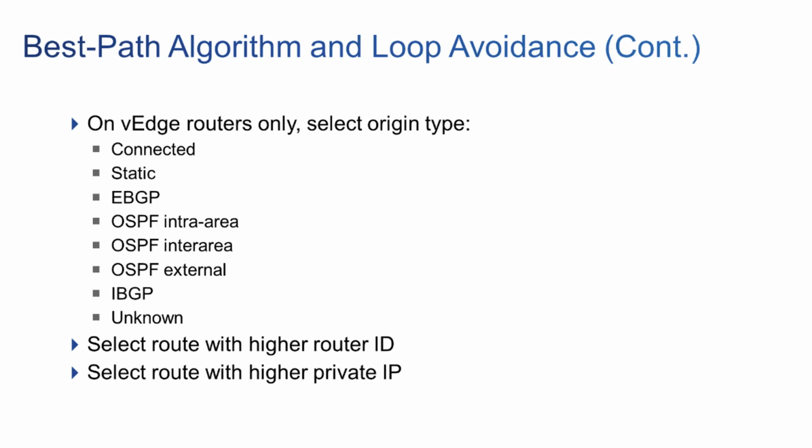So the vSmart controller runs this best path algorithm on all of the paths that it receives, and it stores those best paths in that selection order, whatever that winning order is. What it then does is it walks through this list and applies the outbound policy to each one of those paths.